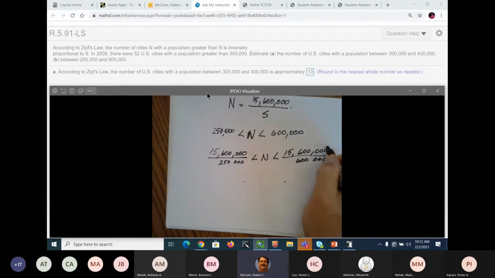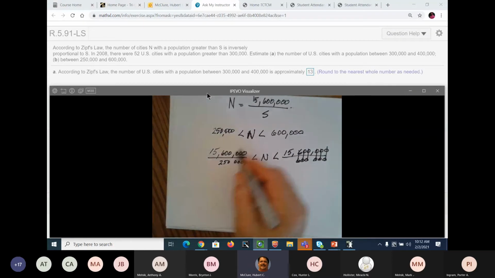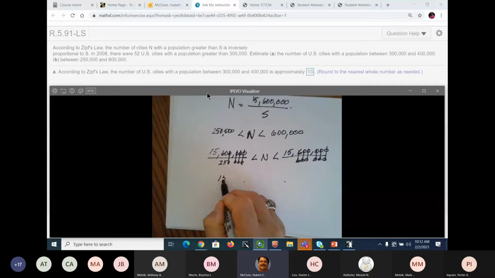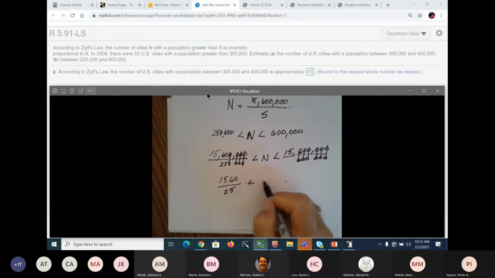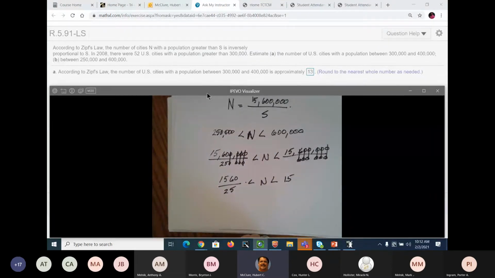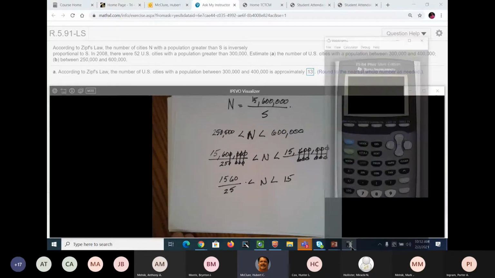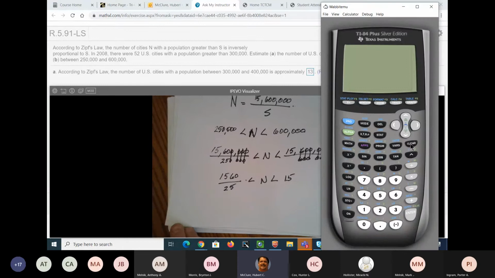And here I got 1560 divided by 25 less than N less than 15. And 1560 divided by 25 is 62. So 62 minus 15.